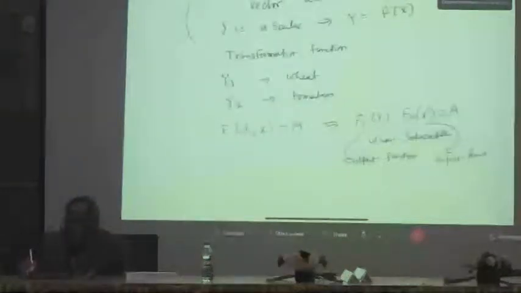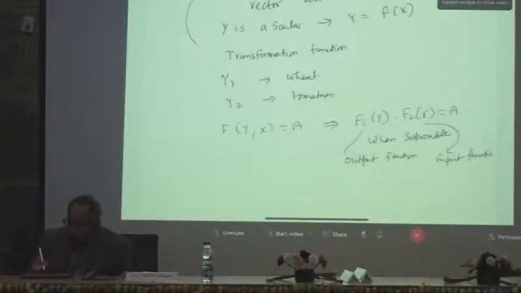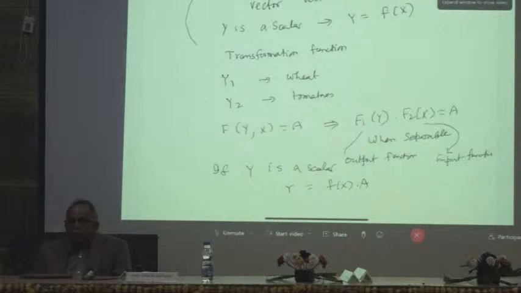And if this is the case, it will be clear that you can just write this as y equal to f2(x) times a or something like that. So you can see the relationship going from one output to more than one output.